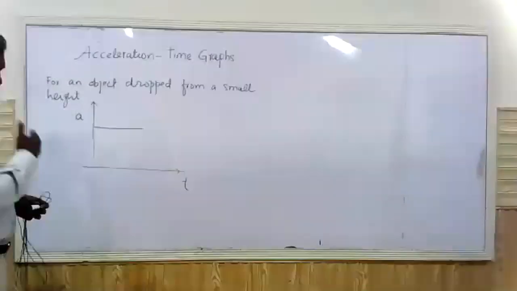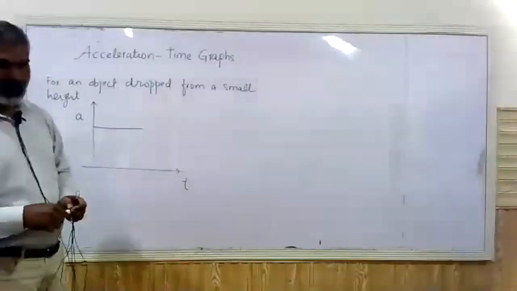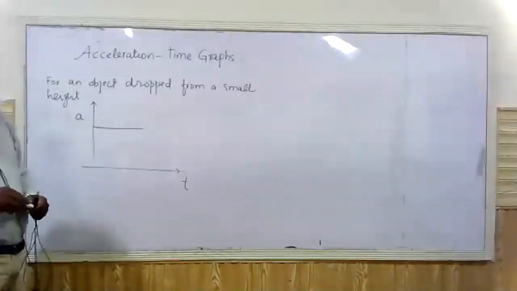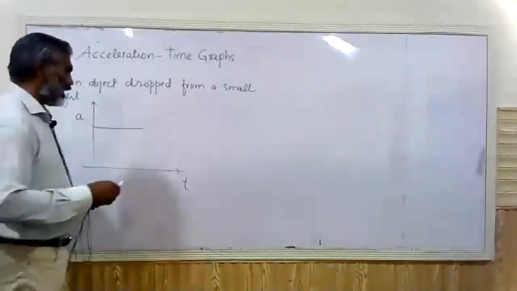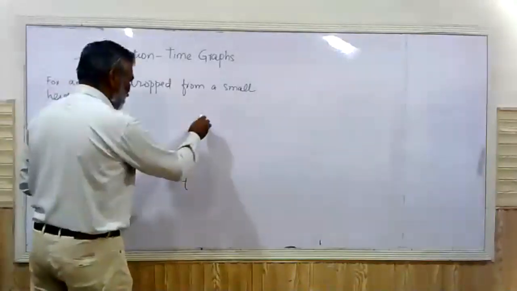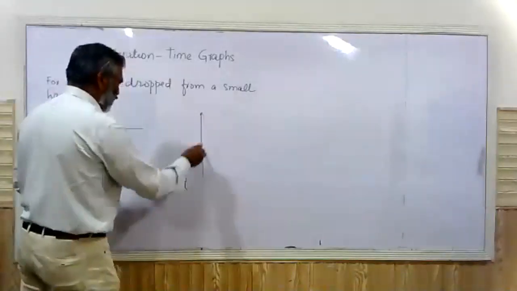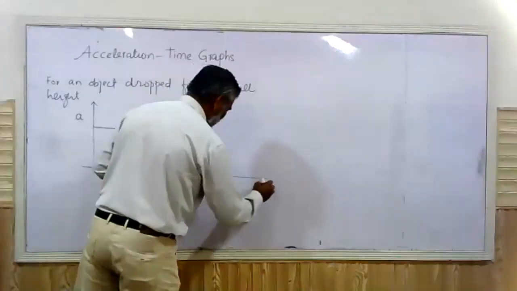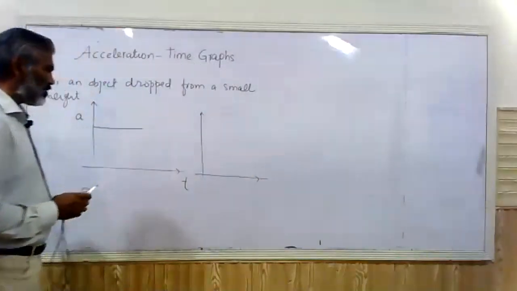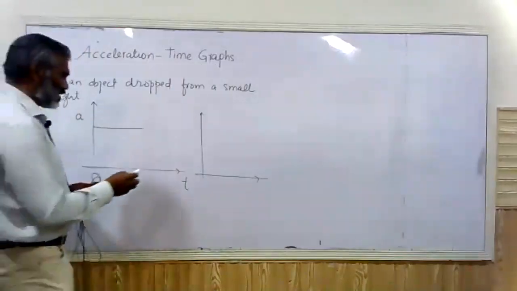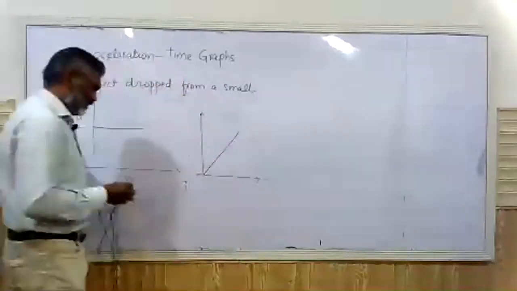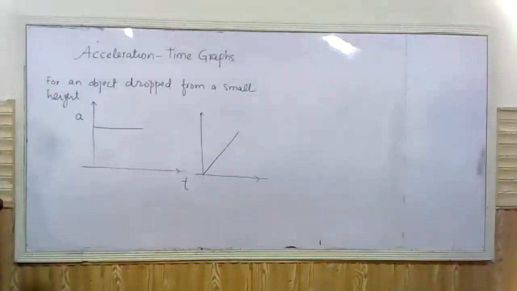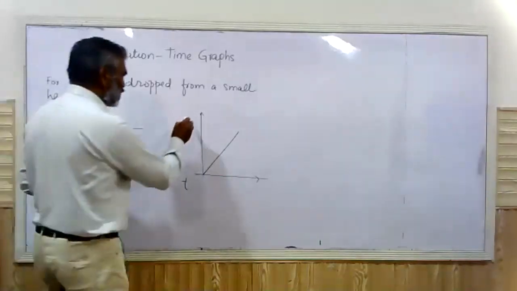Of course, if you compare this graph with the velocity time graph and the displacement time graph, that will also be useful. If I go back a step and remind you what the velocity time graph was for the same situation, it was this straight line. That means velocity is increasing at a constant rate.